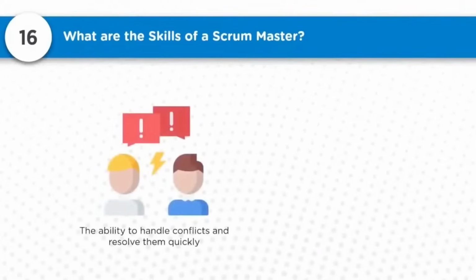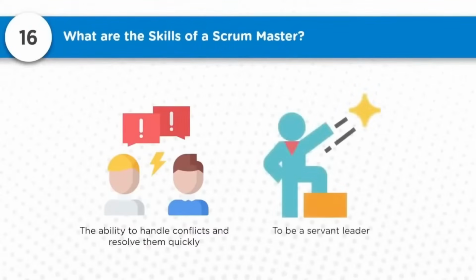A Scrum Master should have an ability to handle conflicts and resolve them quickly. Conflict is a scenario which would happen for various different reasons. However, when conflict occurs, the Scrum Master should not shy away from it. Own it to resolve in the interest of the project, whatever is being done. It is very important. A Scrum Master has to be a servant leader.